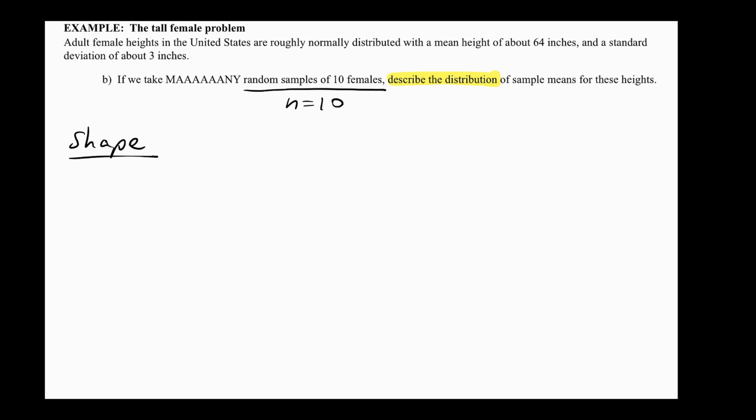Okay, it's going to look symmetrical. How do we know it's going to look symmetrical, or normal? There you go. It's stated, right? That's why I highlighted this part, because I knew we were going to need that. That was going to answer one of our questions. It's stated, so we would say roughly normal.